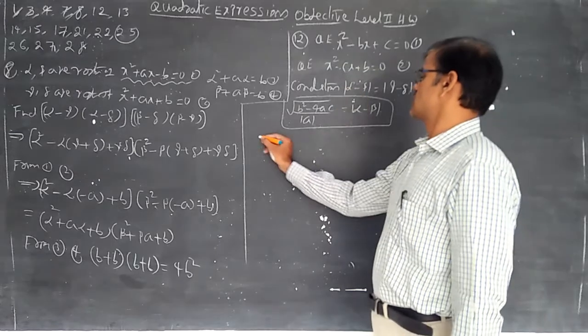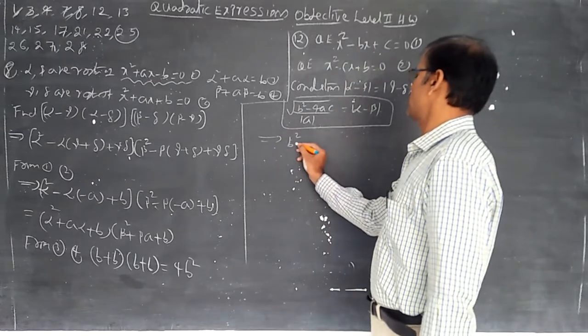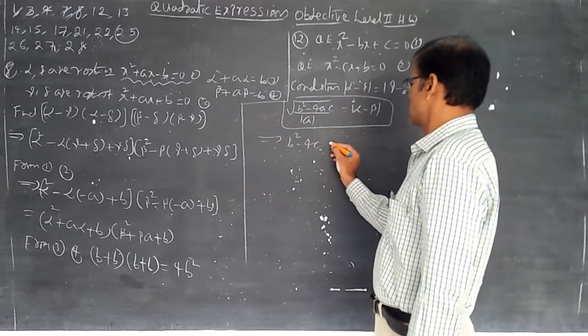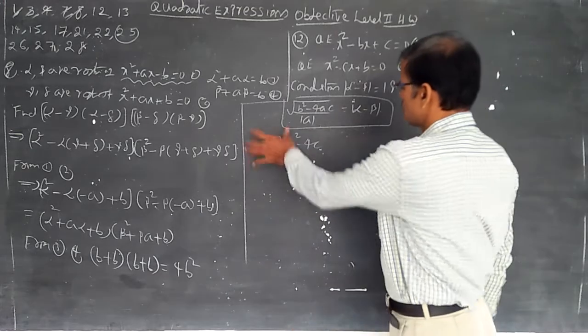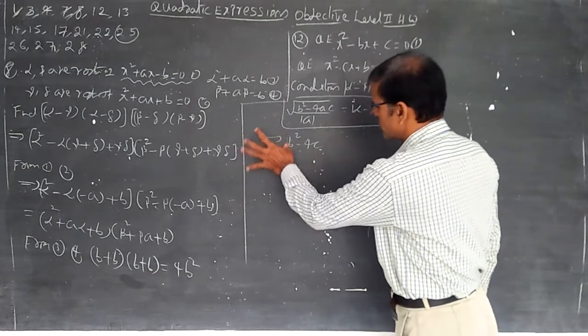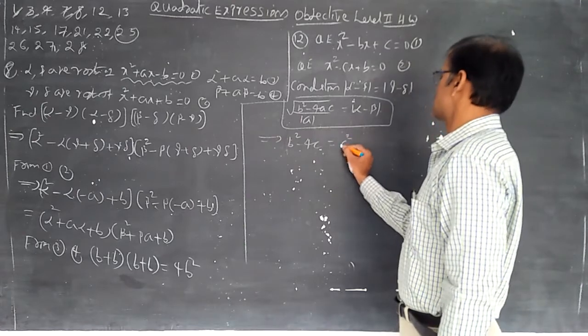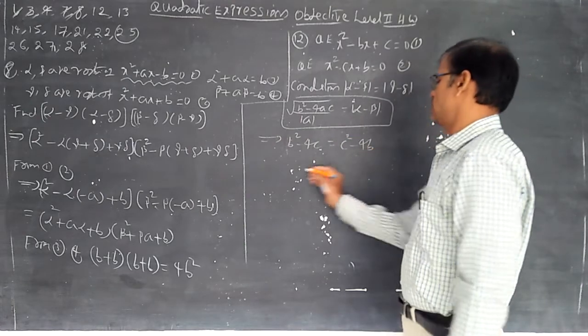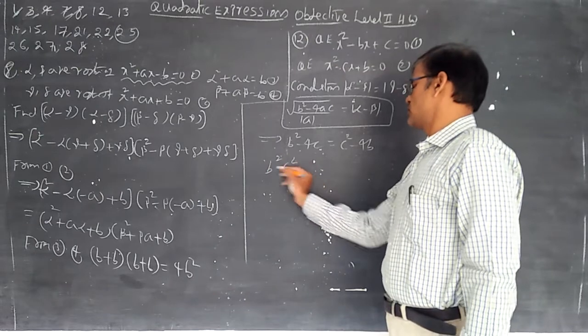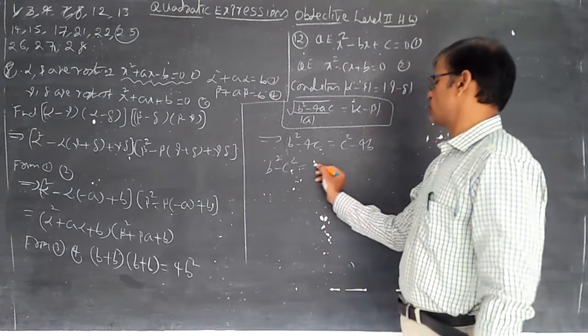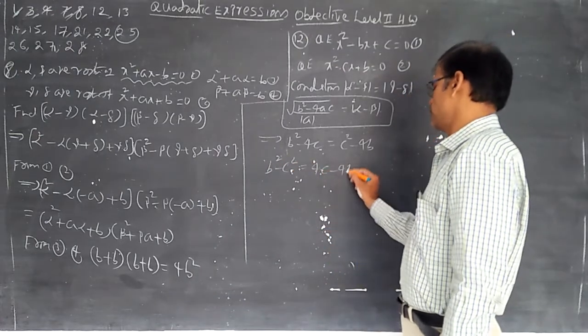Root delta means here, that implies, b square minus 4c over root, also taken, squaring both sides, here c square minus 4b. Now you can write b square minus c square is equal to 4c minus 4b.